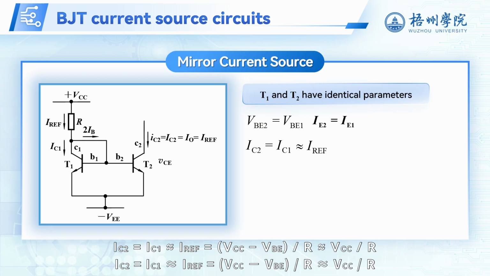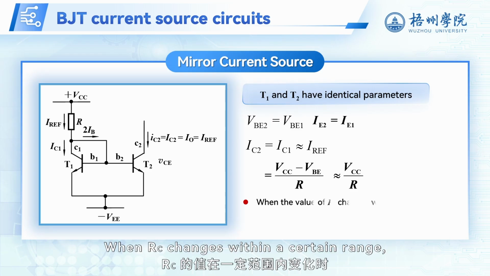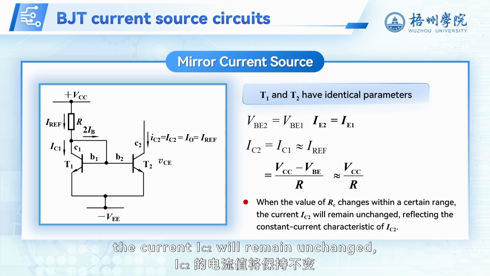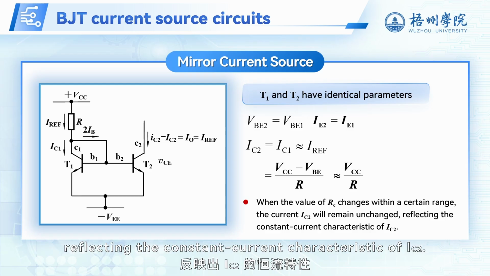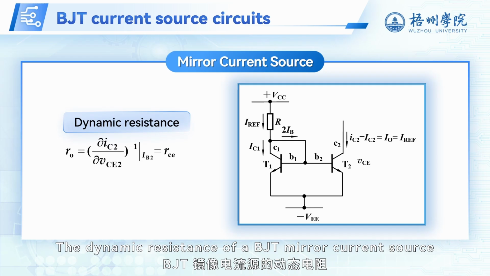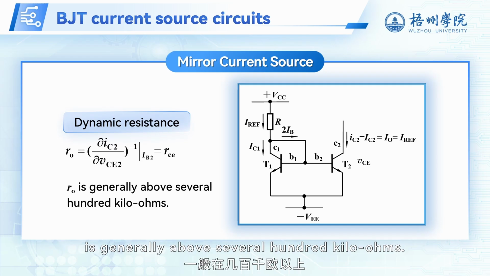That is, I_C2 equals I_C1 is approximately equal to I_REF equals (V_CC minus V_B) divided by R, approximately equal to V_CC divided by R. When R_C changes within a certain range, the current I_C2 will remain unchanged, reflecting the constant current characteristic of I_C2. The dynamic resistance of a BJT mirror current source is generally above several hundred kiloohms.